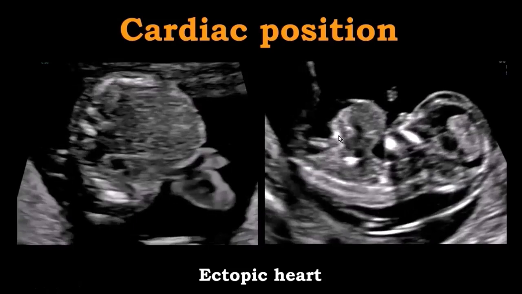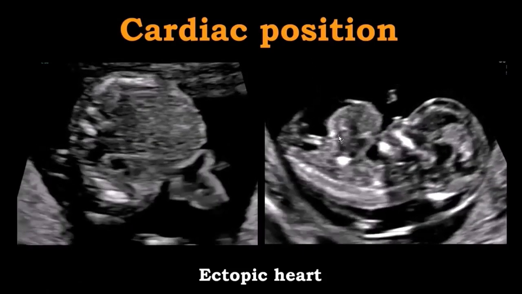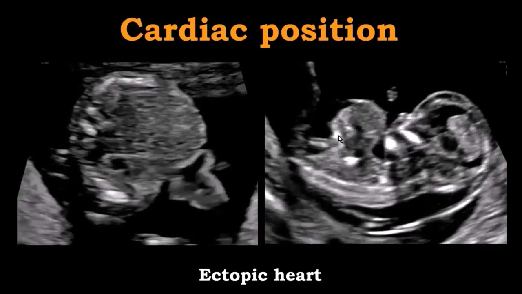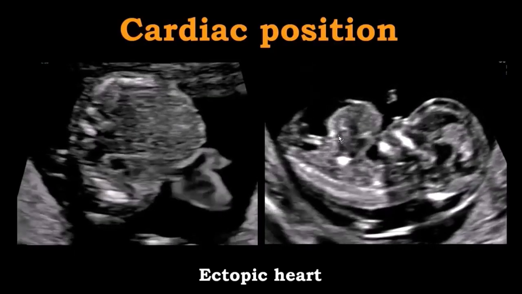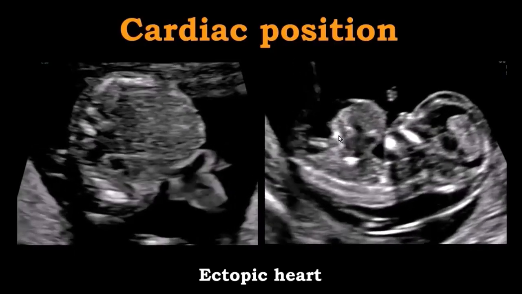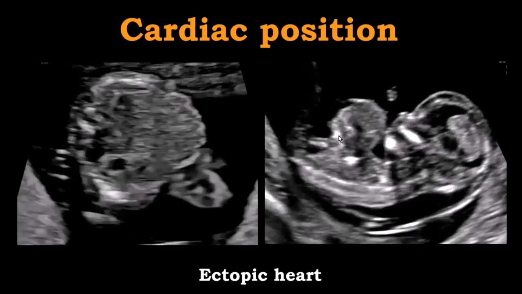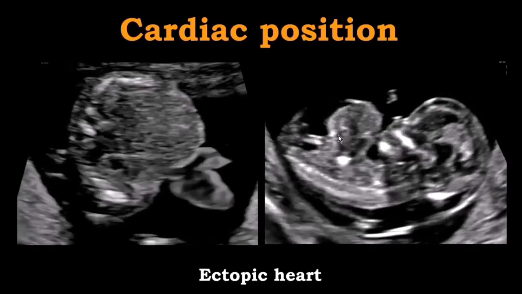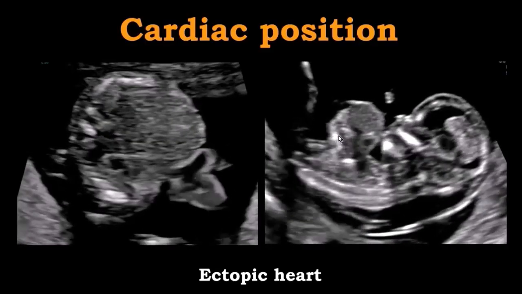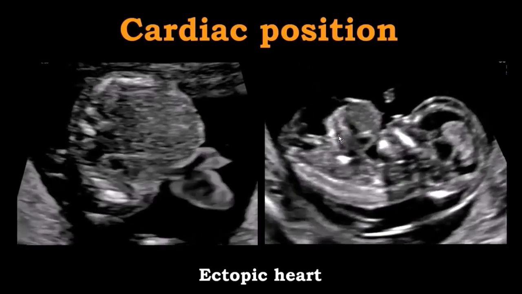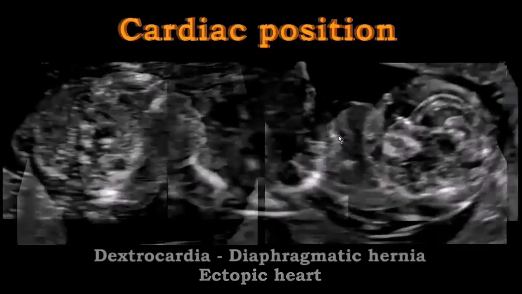So in pentalogy of Cantrell, we have agenesis of the pericardium and a defect in the diaphragm or the chest wall. So this is why the heart is displaced from its typical position within the chest.